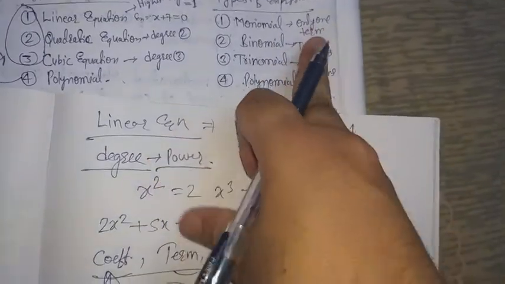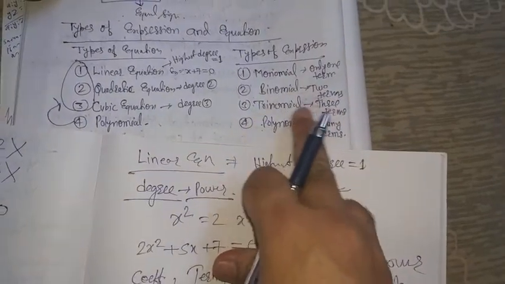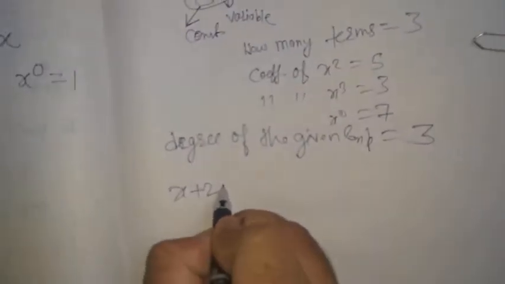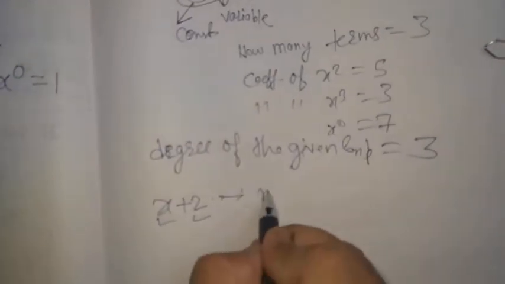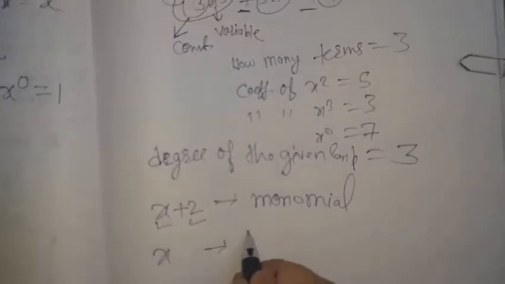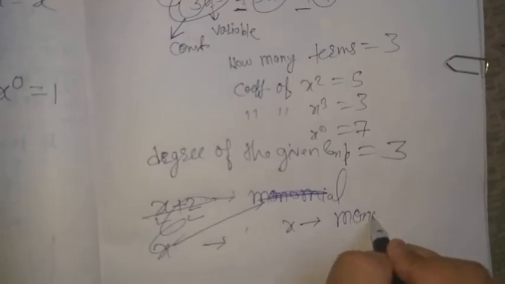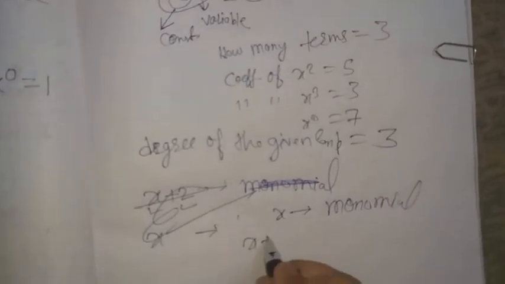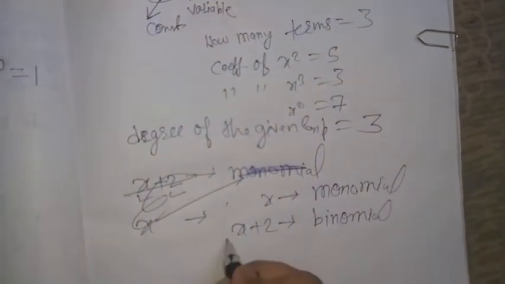Monomial has only one term. Binomial has two terms. Trinomial has three terms. Polynomial has many terms. For example, x is a monomial, only one term. x plus 2 is a binomial, because two terms are there.